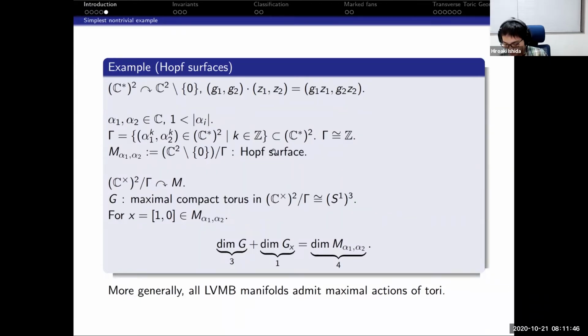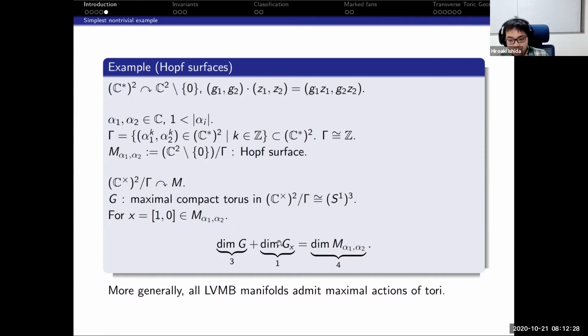And the Hopf surface admits an action of C star squared, so the action of the quotient group. This quotient group contains a three-dimensional compact torus as maximal compact torus, and we denote it by G. So for the point (1, 0) in the Hopf surface, we can see the equality.